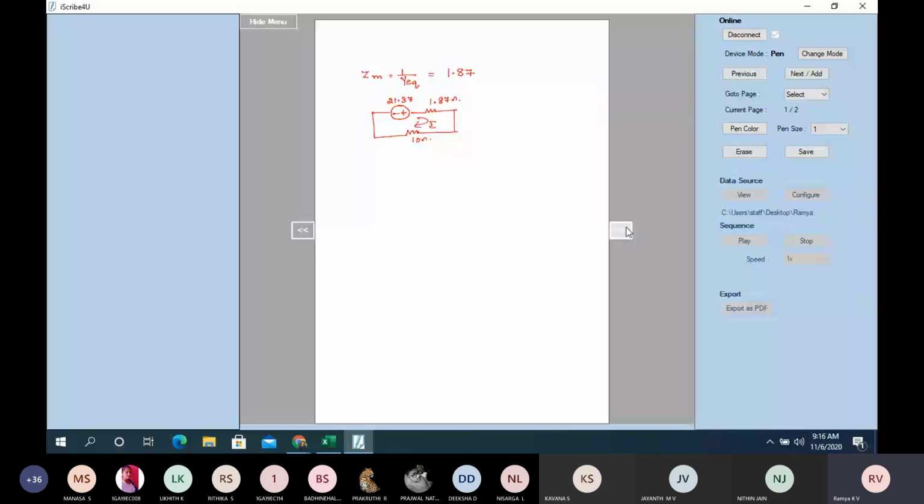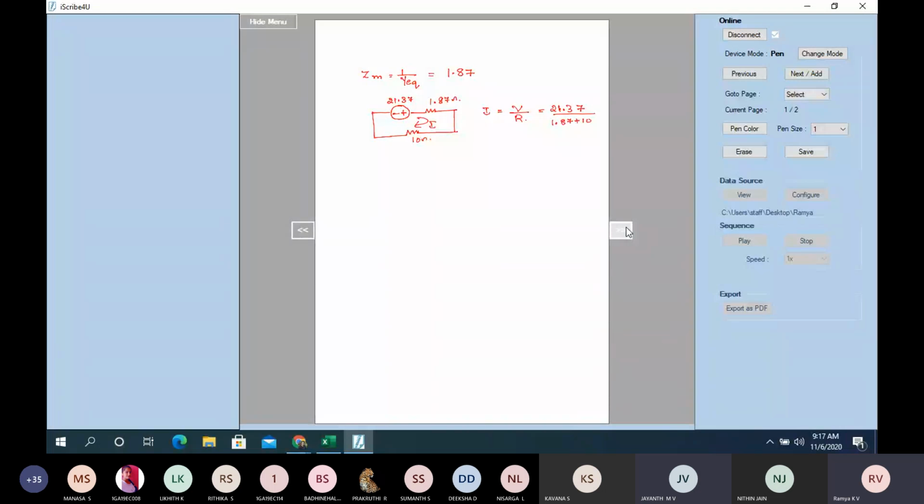What is current? Current is equal to voltage divided by resistance. They have not given the direction condition, so I can take any direction. Their interest is only to find the current through the 10 ohm. So I is equal to V by R. V is equal to 21.37 divided by 1.87 plus 10.